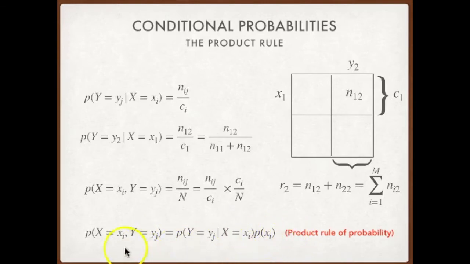That is, the probability of x equals xi and y equals yj can be written as the product of probability of y equals yj given x equals xi and probability of xi. This is known as the product rule of probability.